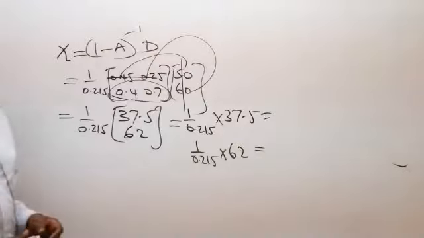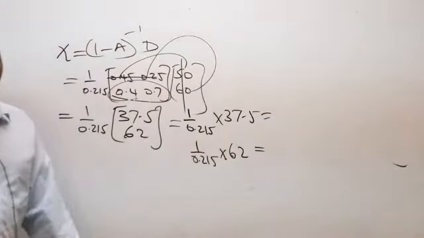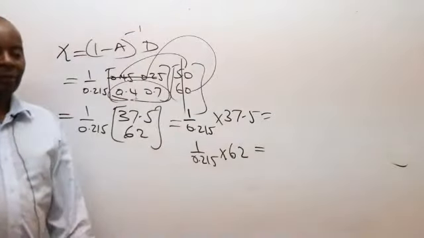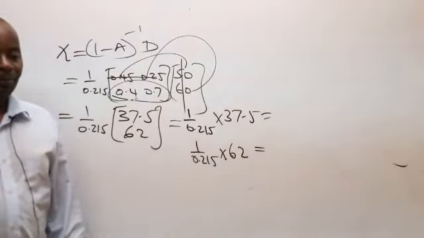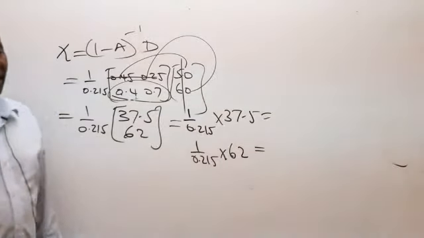Into decimal places, what do we have here?